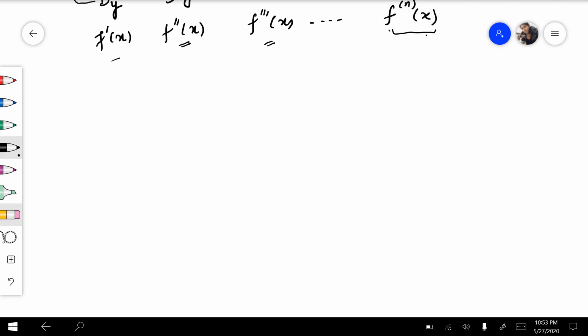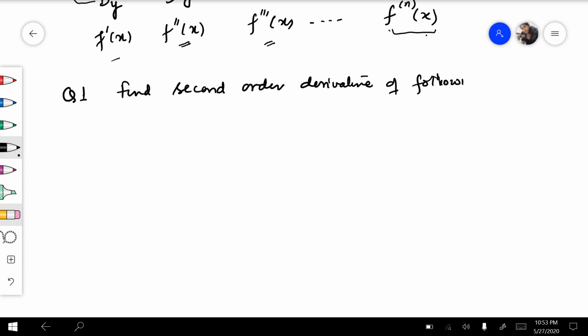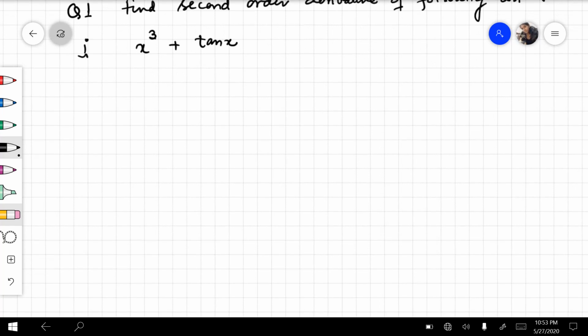So question number 1 is: find the second order derivative of the following with respect to x. The first part is x raised to power 3 plus tan x. Solution.